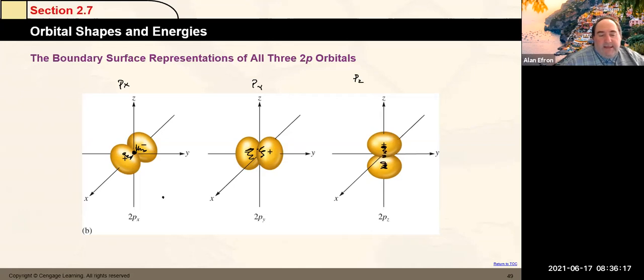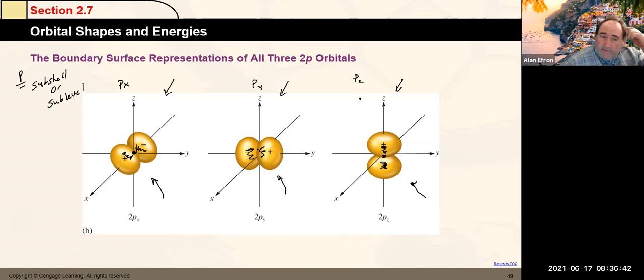Again, each of these could hold 2 electrons. That's where we get our 2, 4, and 6 electrons if we fill up this entire what is referred to as a subshell or sublevel. A subshell or sublevel comprises every orbital of the same type on that particular energy level.